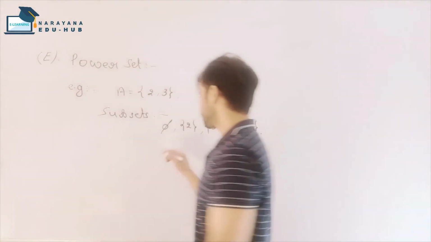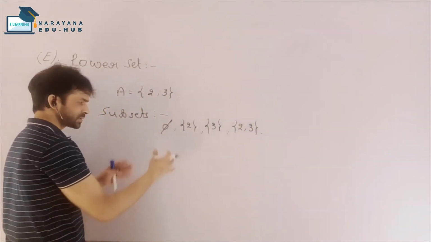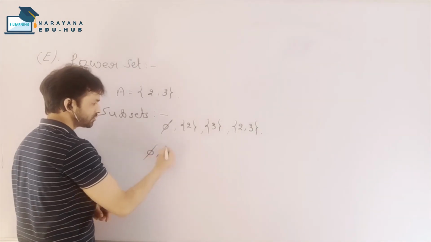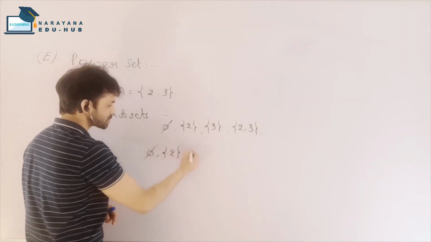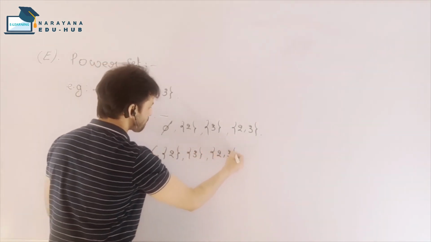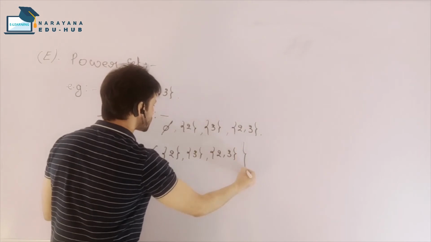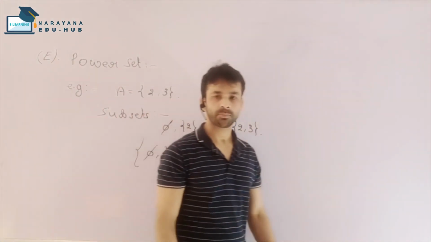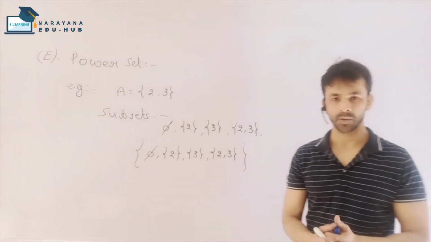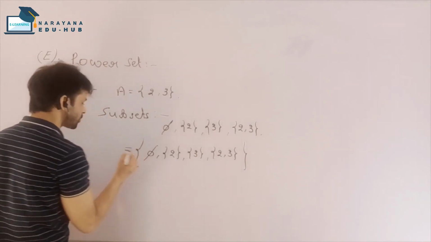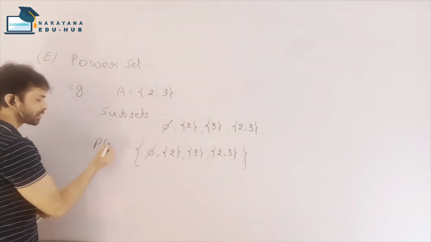So if I make a set of these elements, these subsets, means if I put these subsets in a set, then this will become the power set of A. Power set of A, so we'll write PA.